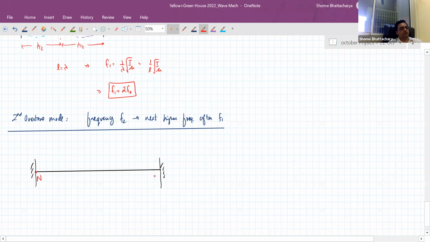Now we'll have to accommodate two more nodes, and therefore the system will have 3 antinodes and 4 nodes. Each time a pair of node and antinode gets added to the mix. So the string will vibrate in this sort of a pattern now.